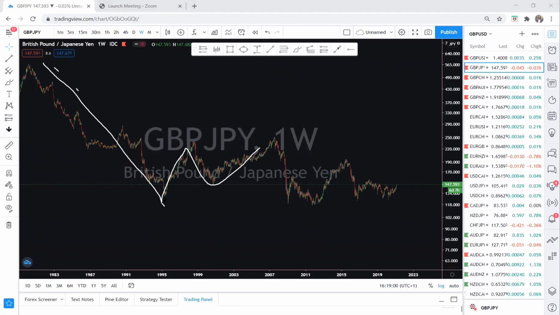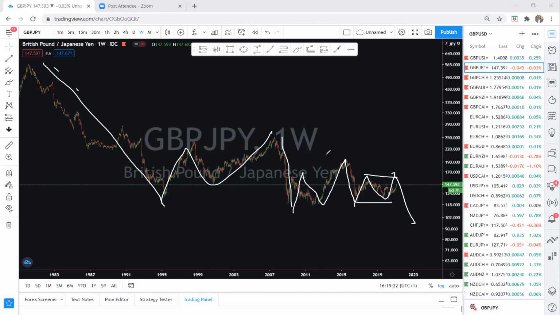We have a three-wave pullback. You have this move, and after this move we are having this three-wave pullback again. This three-wave pullback is making this move. You have this structure, and we expect this to move to the downside.